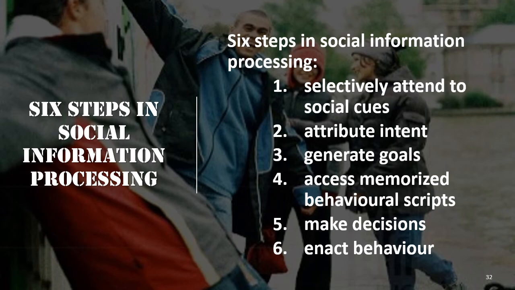She's trying to understand what the different roles are. Some people are there the whole day, some people aren't. Why is it complicated? Because she has to selectively attend to social cues, attribute intent, generate goals, access memorized behavioral scripts, make decisions, and then enact behavior. And all of that takes cognitive effort.